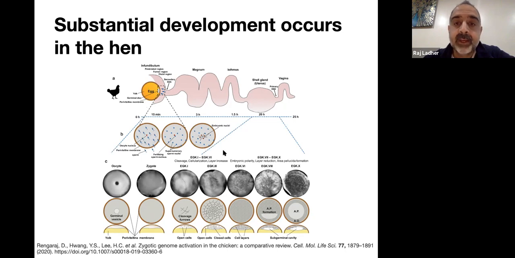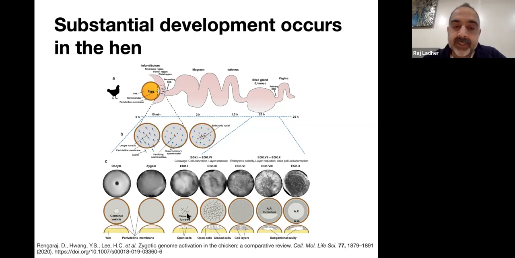The cleavage of the avian embryo happens as shown down here. Like I said, the one cell is above this huge amount of yolk.